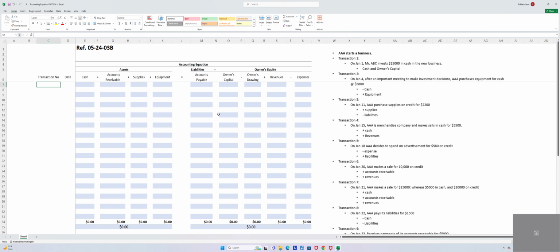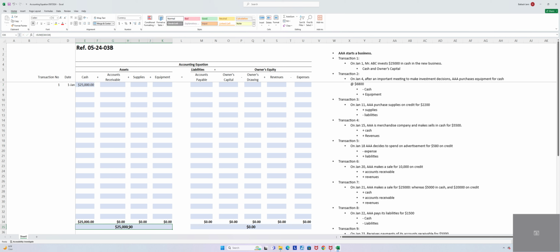Transaction number one: on January 1st, the company, which is run by Mr. ABC, invests $25,000 in cash in the new business. So we add $25,000 in cash here. It's an asset, and as we see, the balance changes to $25,000.